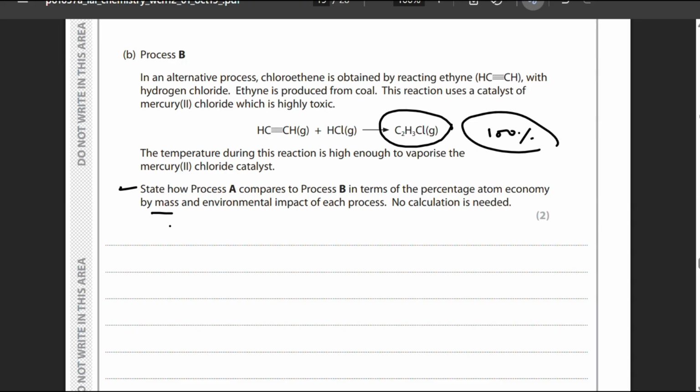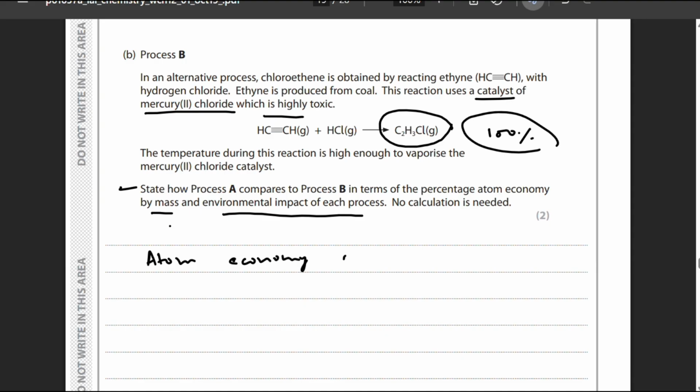And if you look at the environmental impact, in process A, hydrogen chloride gas is produced, which is toxic and corrosive, whereas in process B, the catalyst used is mercury(II) chloride, which is highly toxic. So in this way you can compare both processes. This question is of 2 marks. In the first mark you need to write about the atom economy comparison, and in the second you need to talk about the environmental impact of each process.